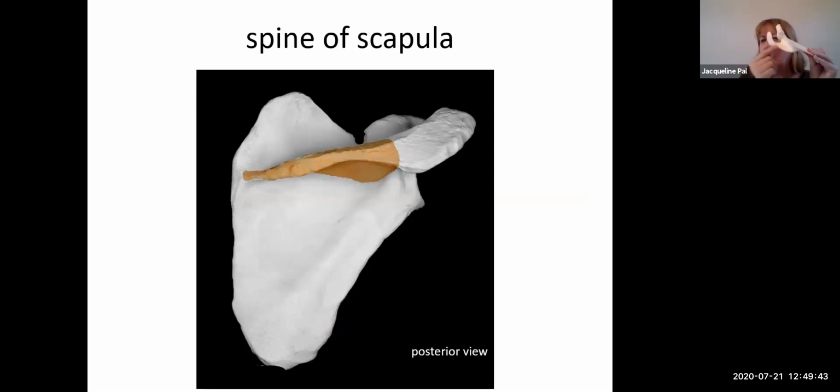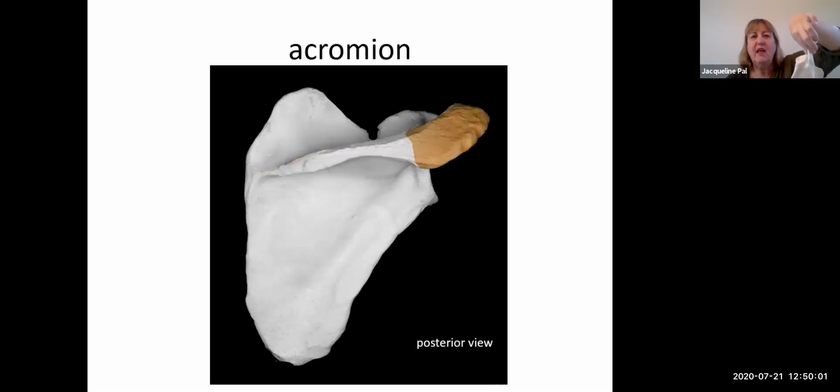And this piece of bone that is sticking out right here, skinny piece, is called the spine of the scapula. And if you take your fingers and you walk them all the way to the spine of the scapula, you would be holding on right about here. And that is known as the acromion. Okay, so does that word look familiar? Because the acromion is the name for this.